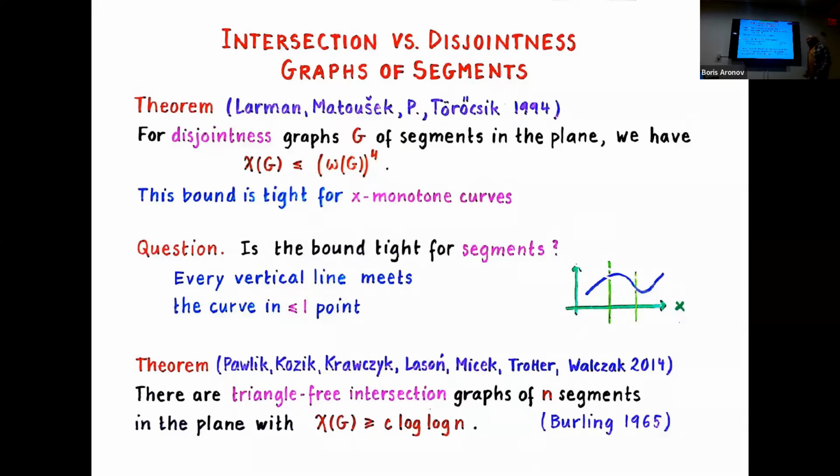In fact, there are triangle-free intersection graphs. This means omega is equal to 2, for which the chromatic number is arbitrarily high. We don't know here. The hope is that perhaps one of these logs can be removed.